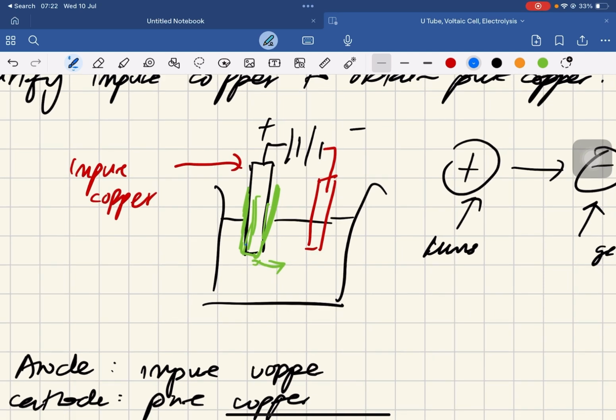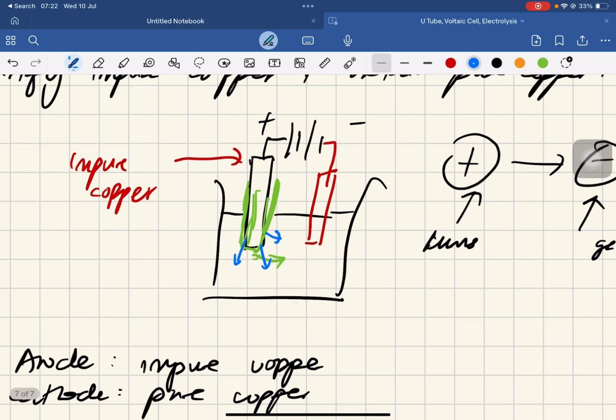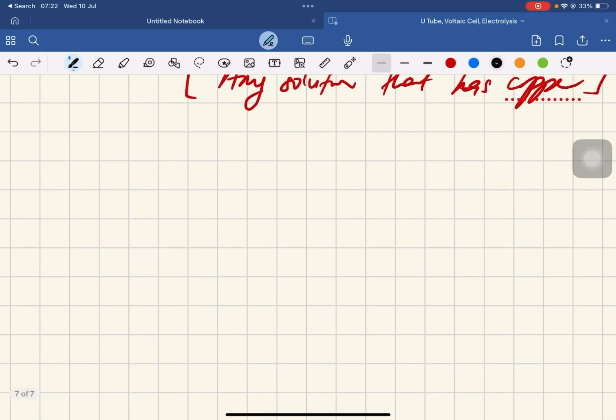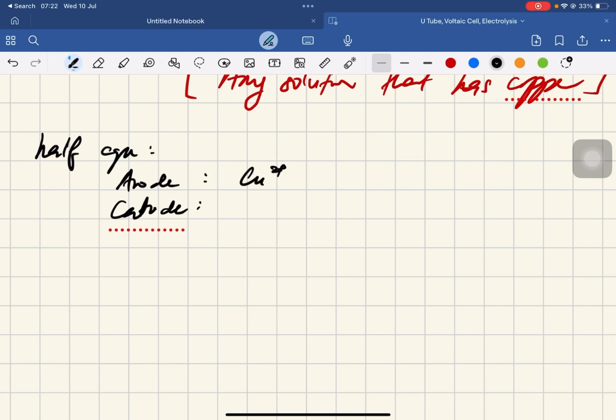Okay, so what happen tadi is, macam saya cakap tadi, mana satu yang akan keluarkan. Okay, so anode akan leaches out electron. So let's do our half equation here. Copper 2 plus, copper 2 plus. Kita try je.